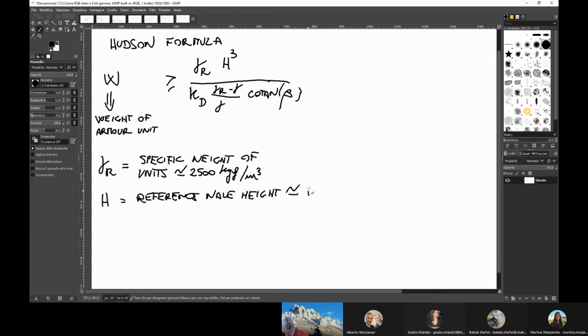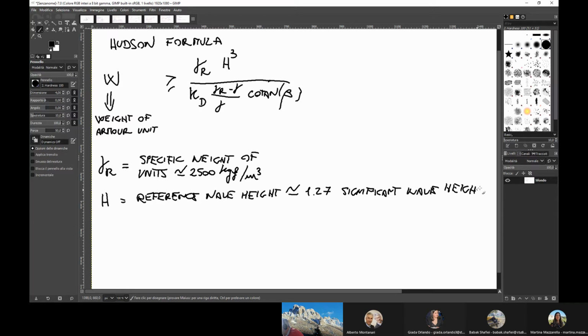And this you can take something like the significant wave height, and you know what a significant wave height is.